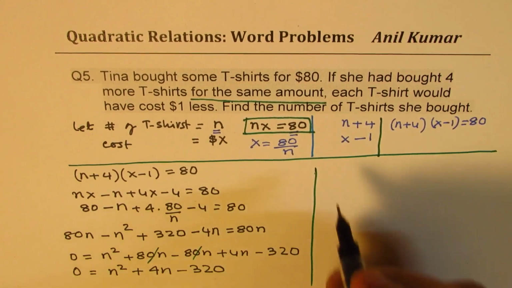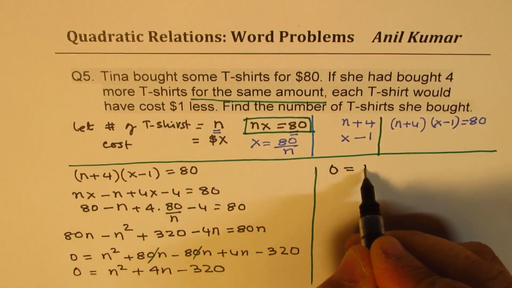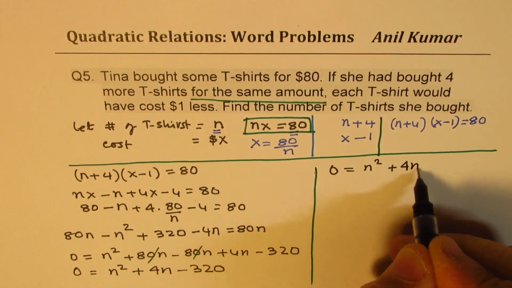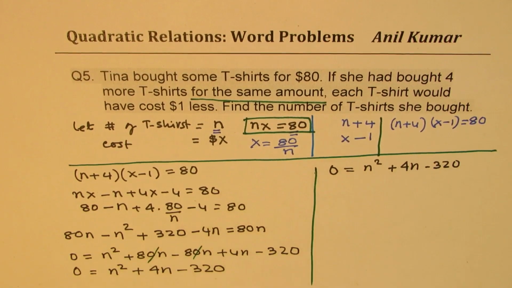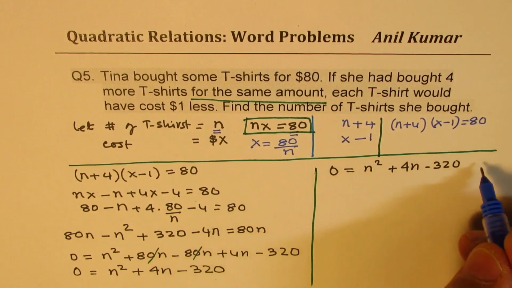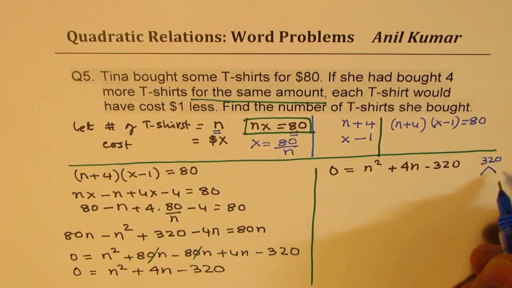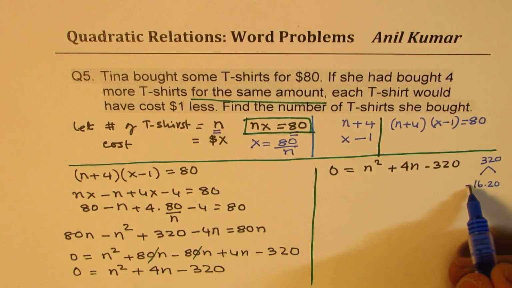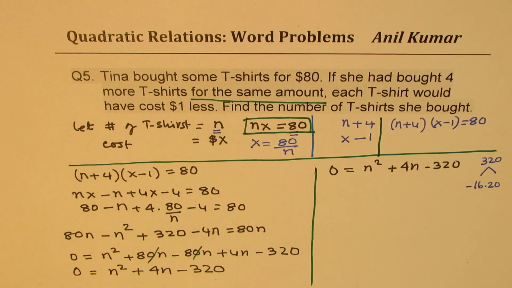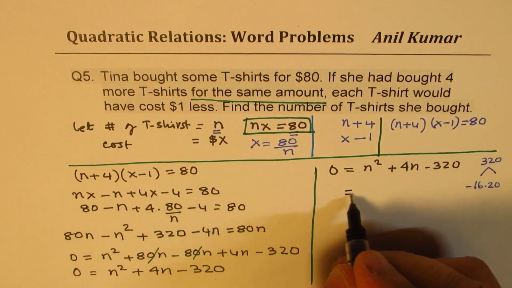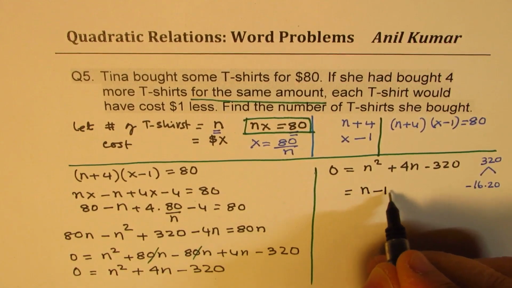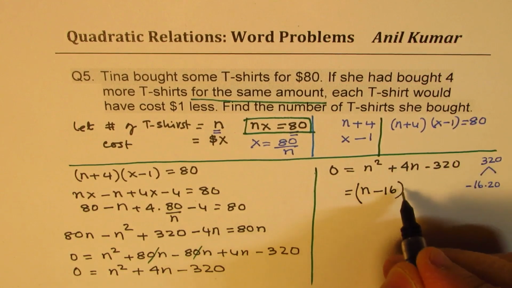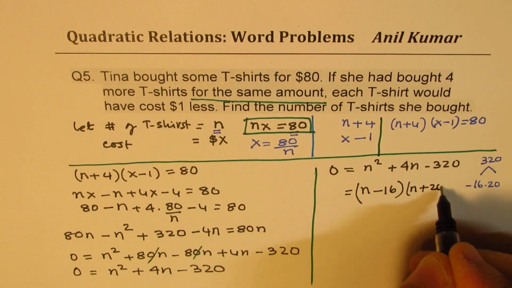Let me rewrite this. 0 equals n square plus 4n minus 320. So we're trying to factor 320. 16 times 20 gives 320, and the difference gives 4n, provided this is minus 16 and that is plus 20, right? So we could write this as n minus 16, the bigger number is positive, n plus 20, correct?